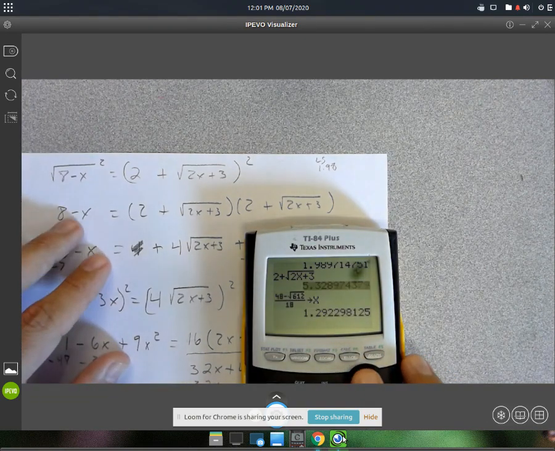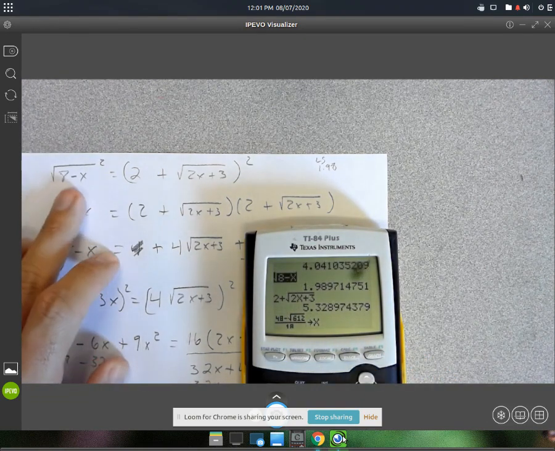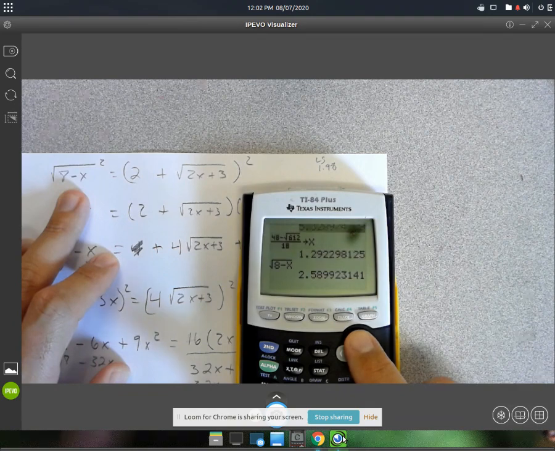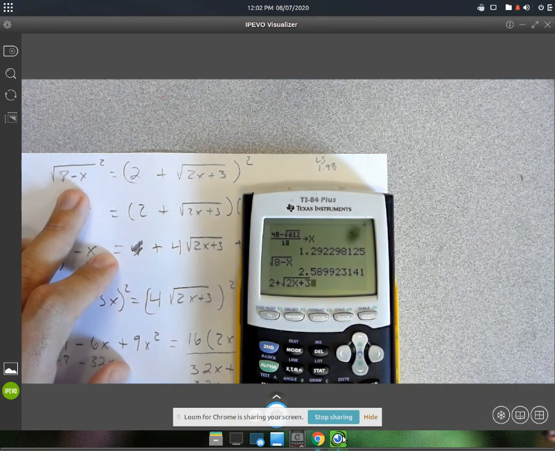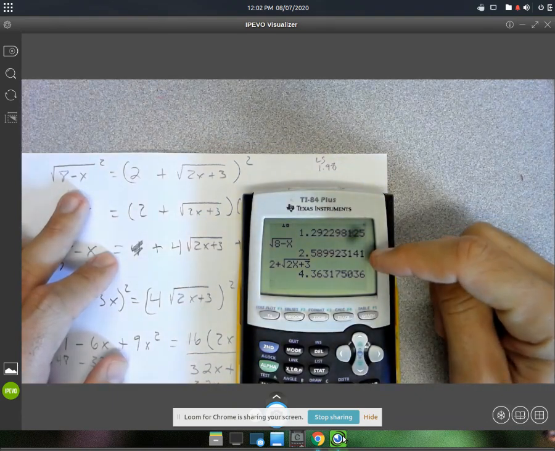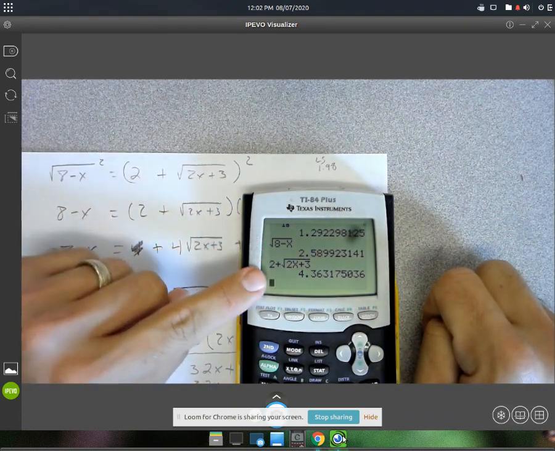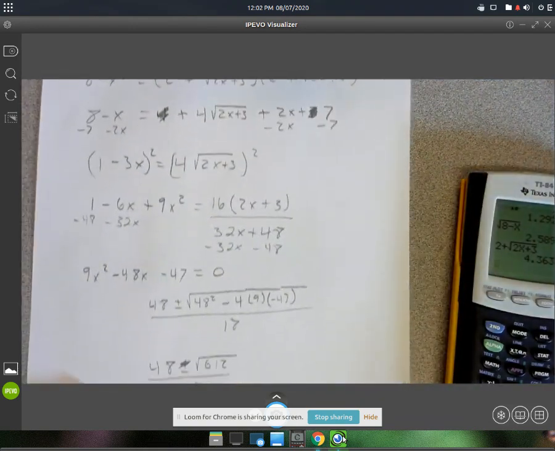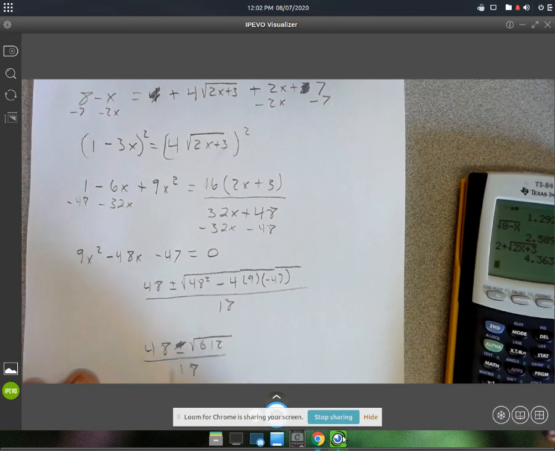Square root of 8 minus x is 2.5. Let's see what the other side gives us. 4.36. So we did not get the same thing back from the left side and the right side. So that means that both of our solutions down here, the plus and the minus version, were extraneous. They were no good.